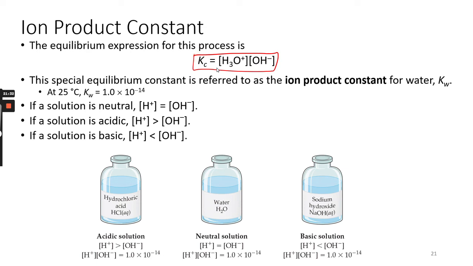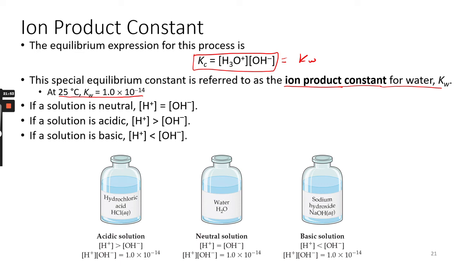Because this is for water, they change it and call it Kw, and they give it a name: the ion product constant for water is Kw. At 25 degrees C, Kw equals 1 times 10 to the negative 14. That number 14 should ring a bell, the pH scale, right?